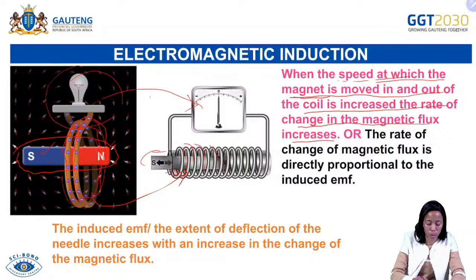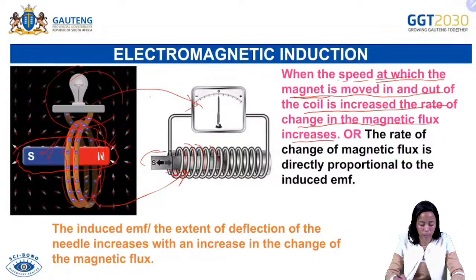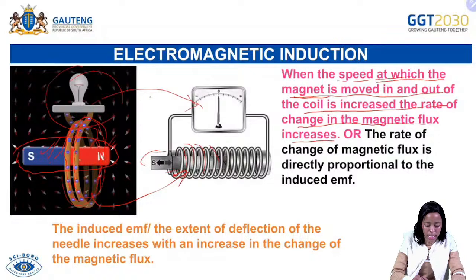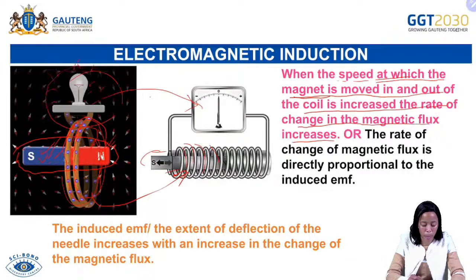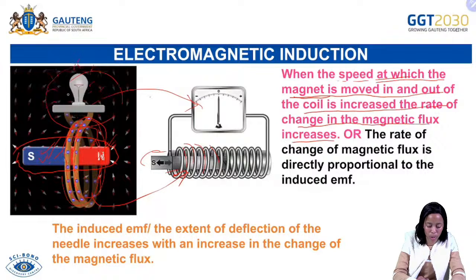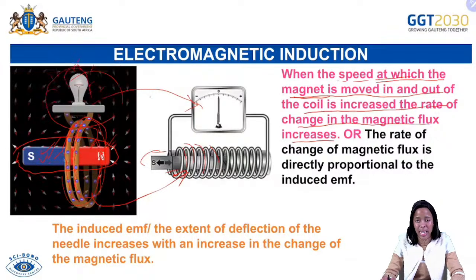So using a PhET simulation, we can also say that if you move this magnet in and out of the coil, the light is going to light up. But you will observe that if the magnet is not moving, the light will not be having a reading.